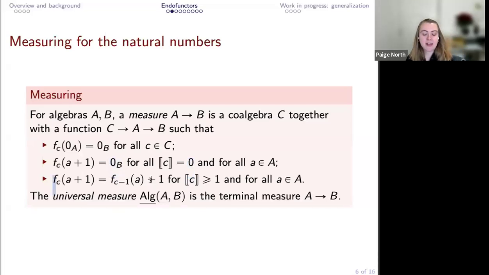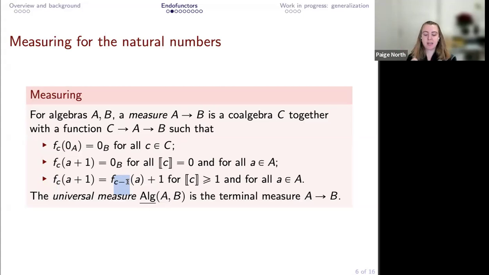Okay, and then we have the last one, which I think is the most interesting one. So if we just cover up this little c and the little c minus 1, the subscripts, then this one and the first requirement look like normal requirements for an algebra homomorphism for this particular endofunctor.